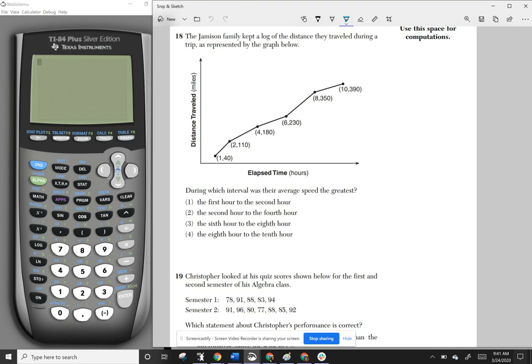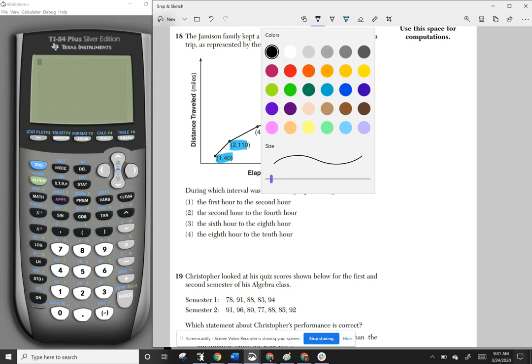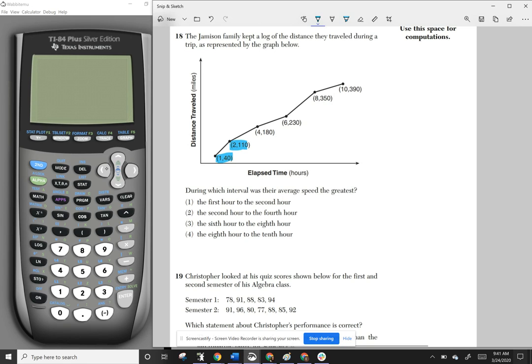So it's saying from the first hour, so when x is 1, to the second hour. Now what is that rate of change? You have to do 110 minus 40 divided by 2 minus 1. So we're going to get 70 over 1, which is 70.